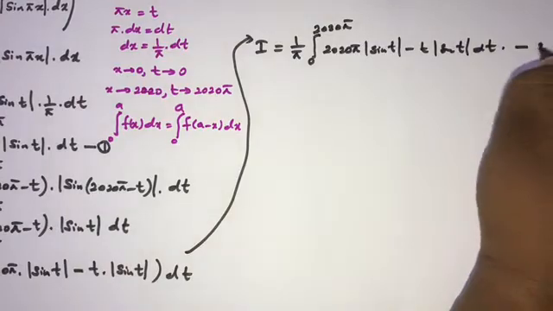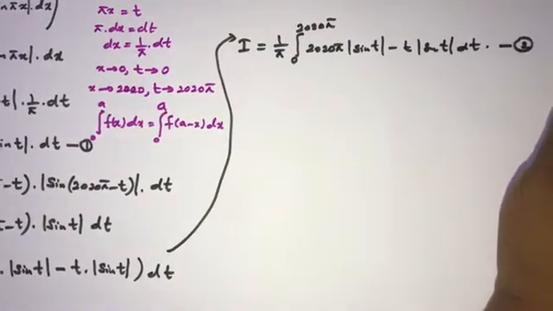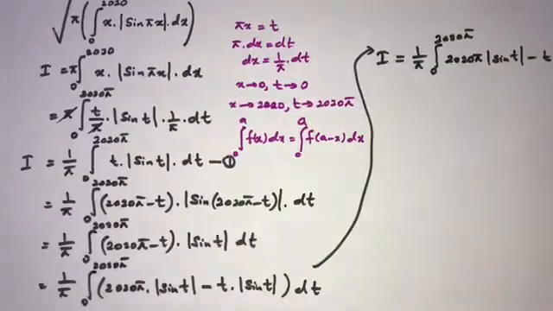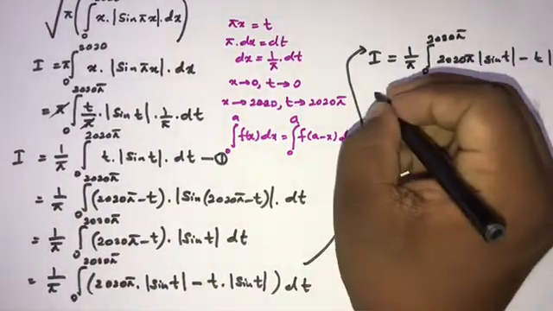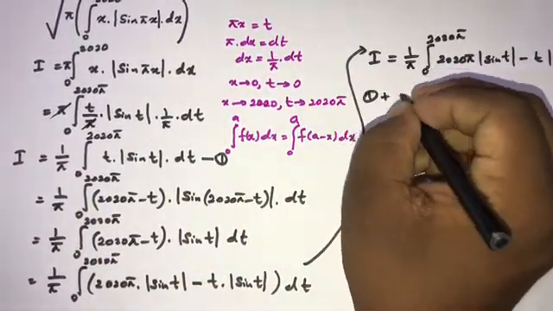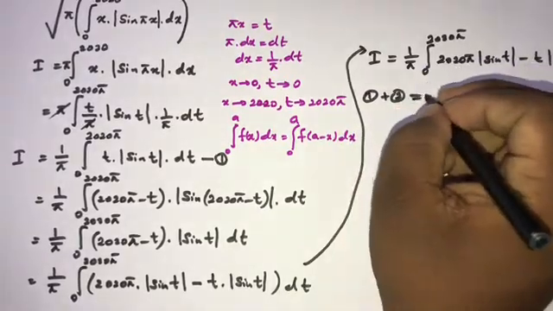And now I'm going to take this as equation number 2. Now we know equation number 1. Now we can take equation number 1 plus 2, the sum of these equations.